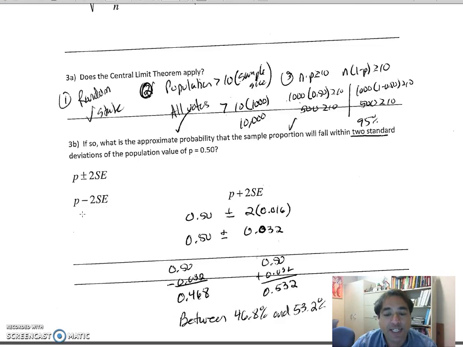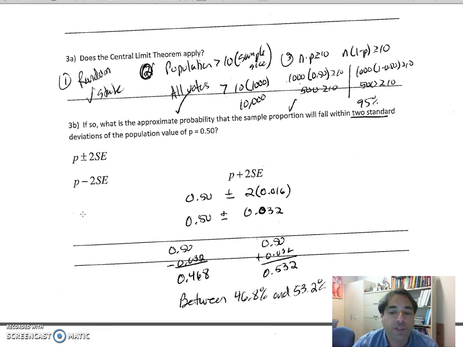This is a new section that's actually giving us a little preview of the future. If I want it to be within two standard deviations, which is 95%, what would that look like? Well, we have this formula here, which is new for us, and we'll really get into it next section. But to give you a little preview, if I want to find out what would be within two standard deviations, 95%, we use this formula: p, 0.50, plus or minus, on both sides, 2, because we're going two standard deviations, 95%, times your SE.